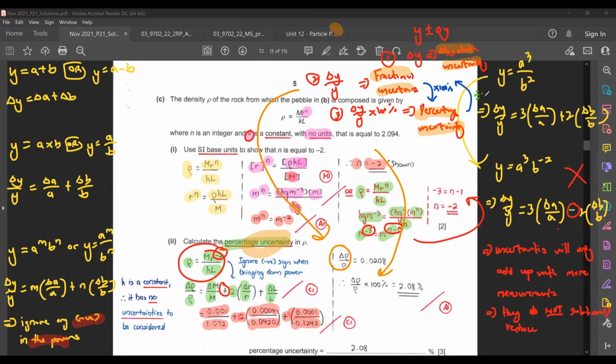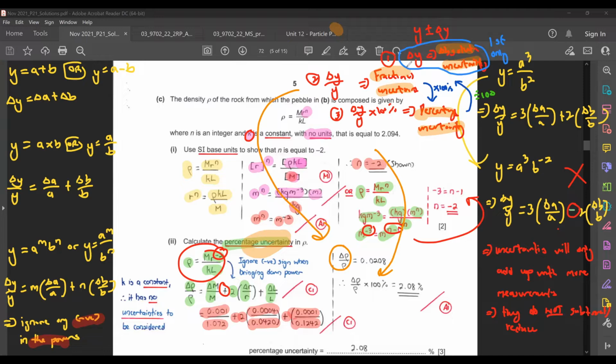Also, one last thing in terms of your SF. Absolute uncertainty is usually one SF only. The questions expect you to know this. They expect you to give your absolute uncertainty in one SF only.